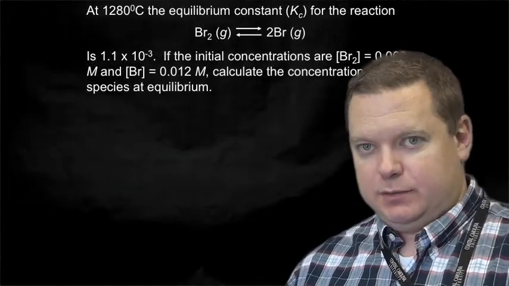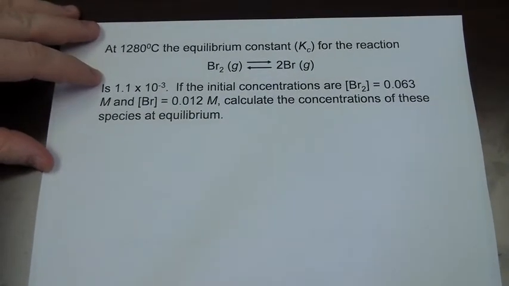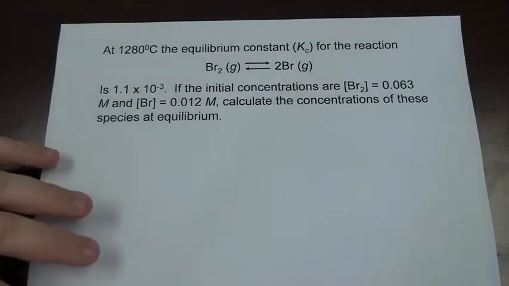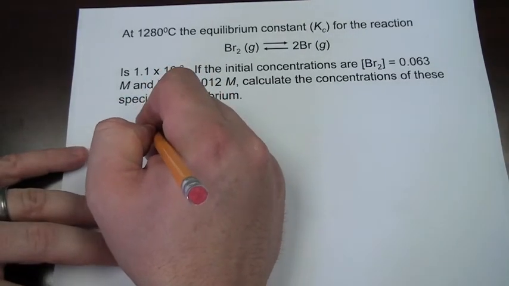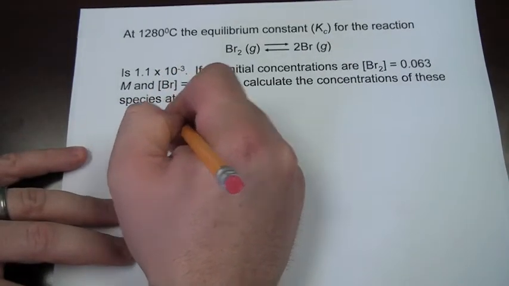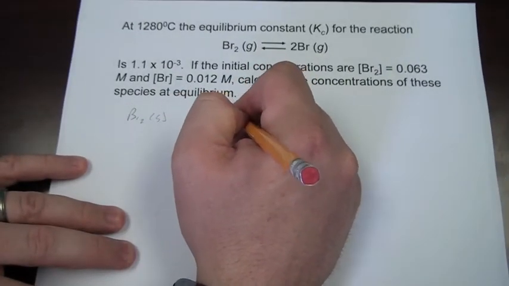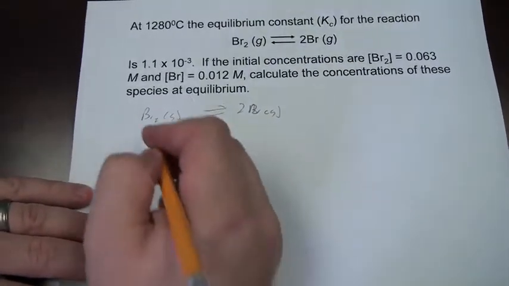So we're going to set up an ICE table. It's easier to look at how to solve this problem this way, so we're going to look at it here. So we have Br2 as a gas in equilibrium with 2Br as a gas, and we need to set up an ICE table.